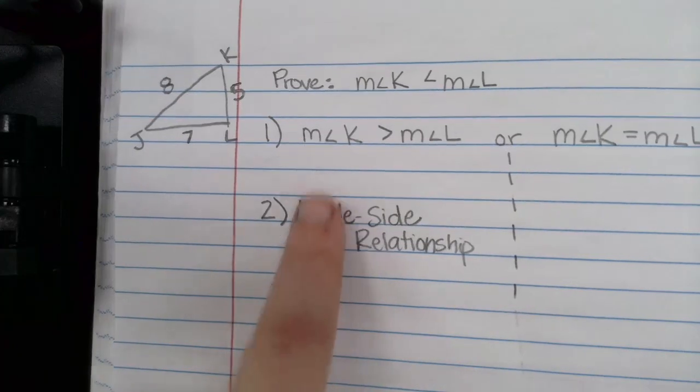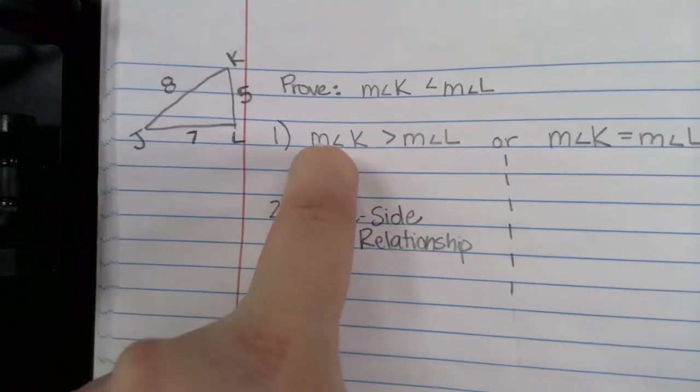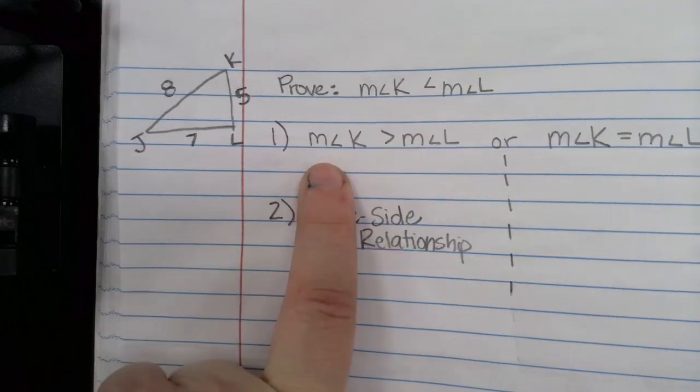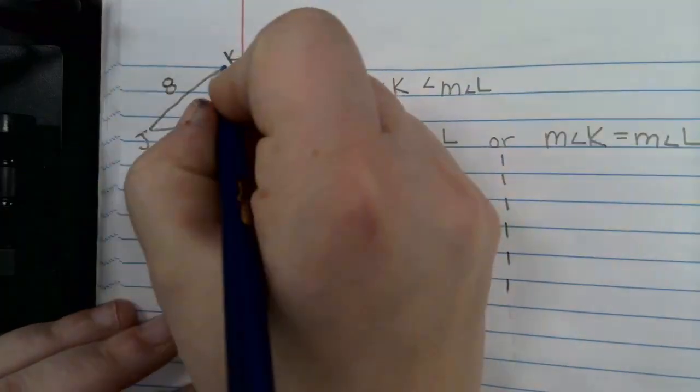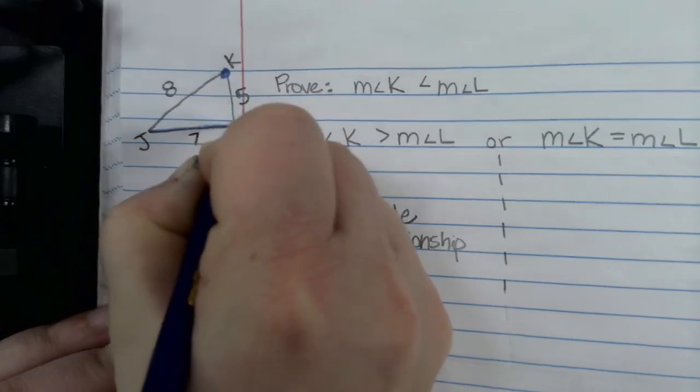What side is opposite of angle K? J to what? Remember, we're looking for a side. JL. Good. So if I have K, JL is opposite.